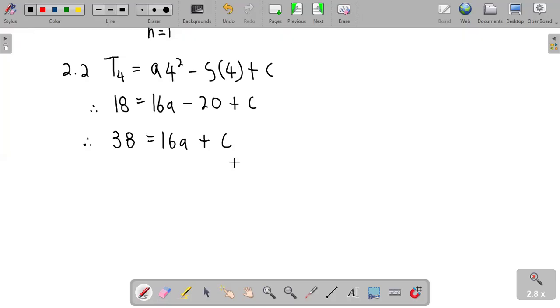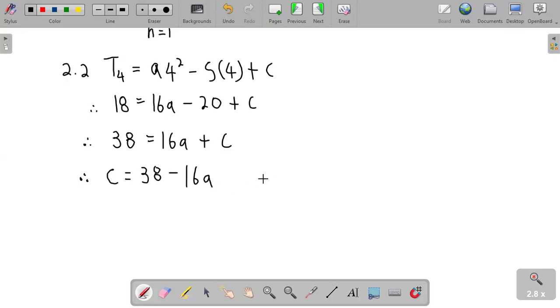Okay, this is what we got from T4. So we can write c in terms of a. We can say then c equals 38 minus 16a.